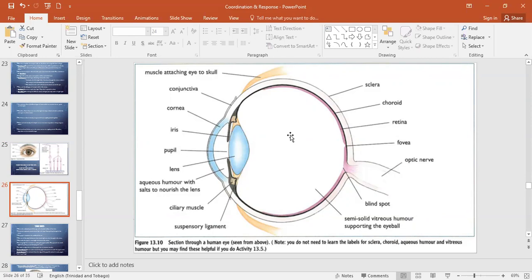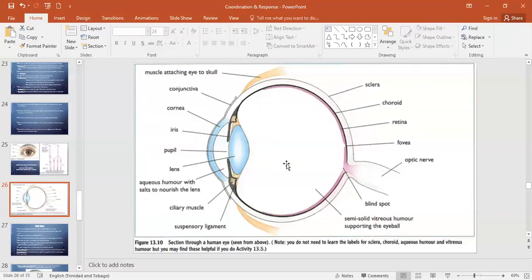So we'll delve into that a little bit later. Suspensory ligaments are responsible for holding the lens in place. And this is your vitreous humor, which I explained just now. It comes from the word vitreo, which means glass.